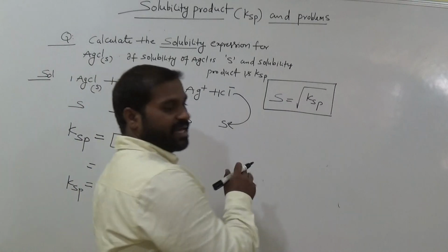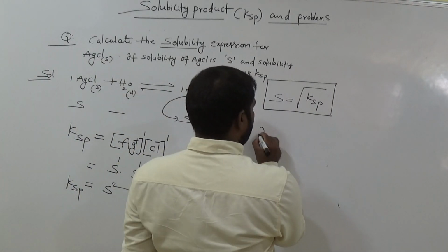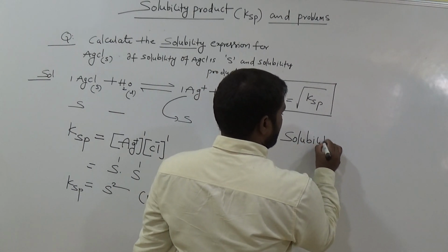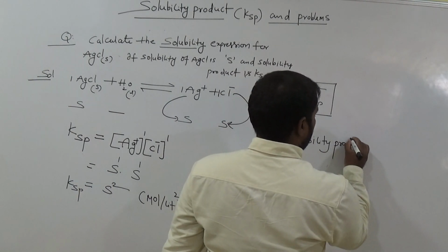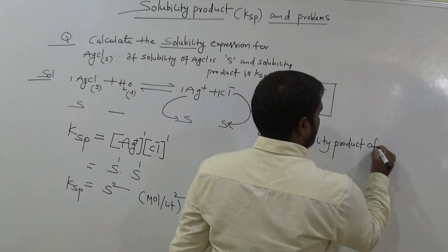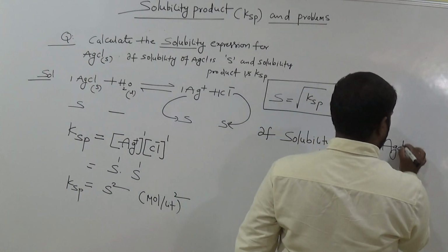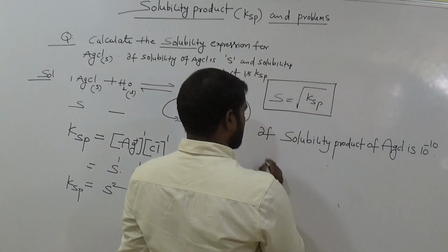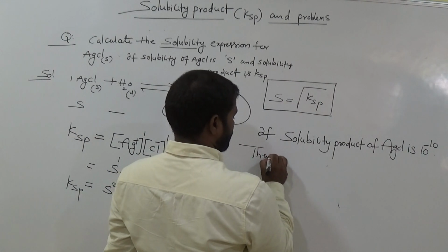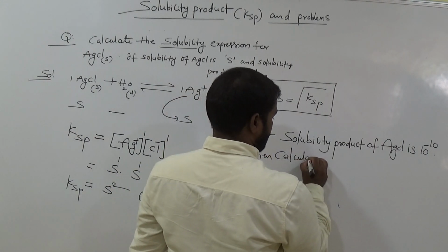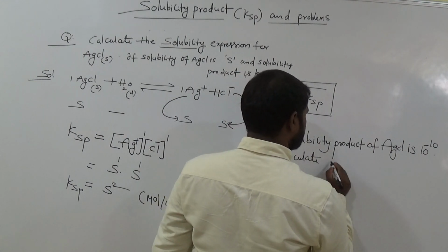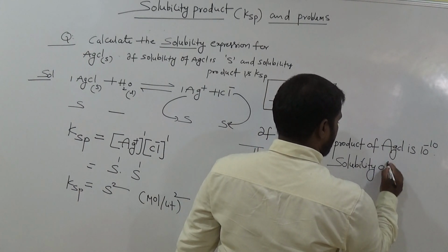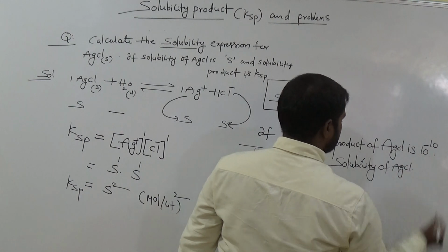Suppose in the same problem, if solubility product of AgCl is 10 power minus 10, then calculate solubility of AgCl.